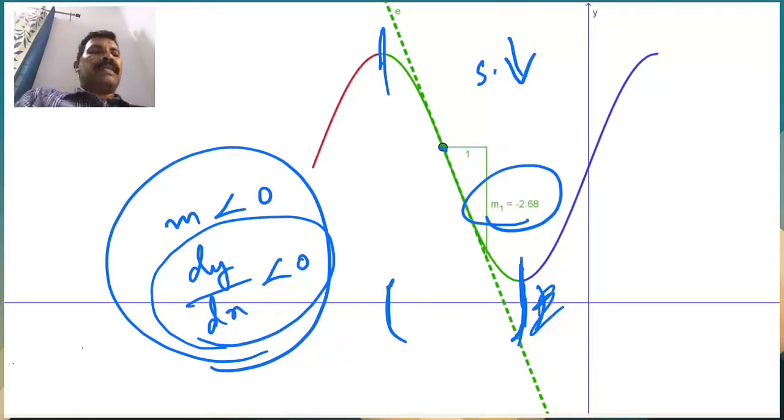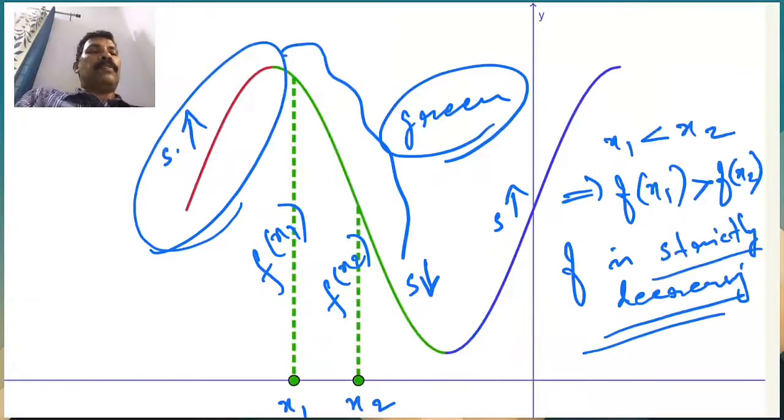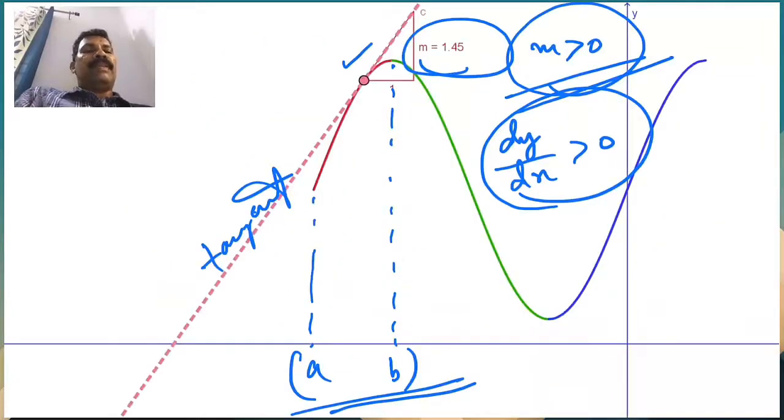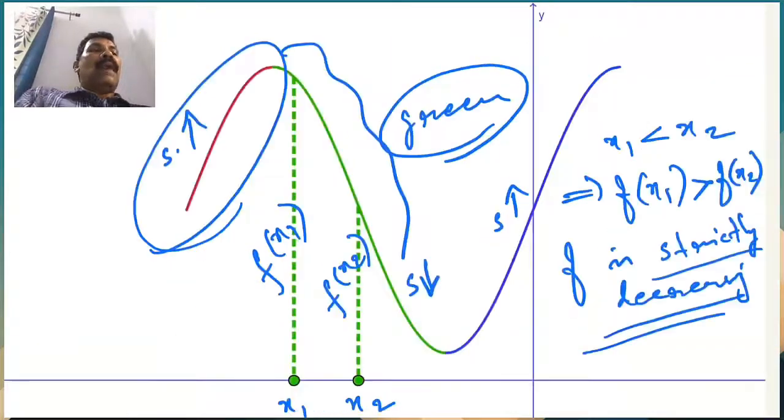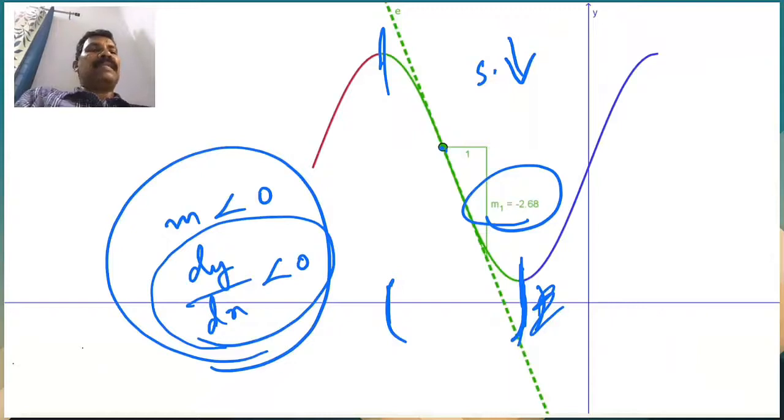Otherwise, it will be strictly increasing if the tangent has a positive slope. If the tangent has positive slope, the function will be increasing, and if the tangent has negative slope, the function is decreasing.